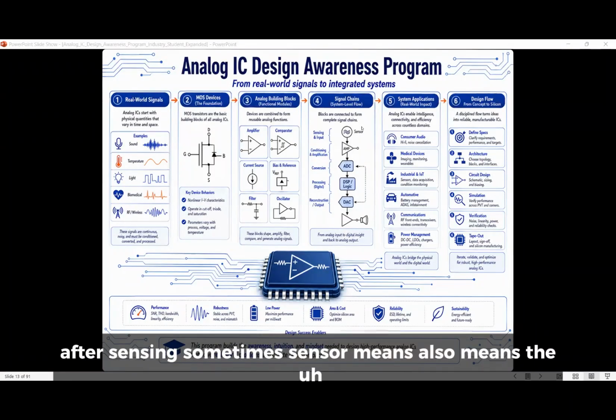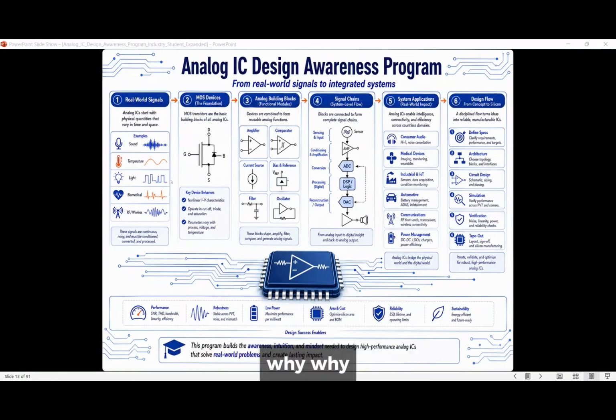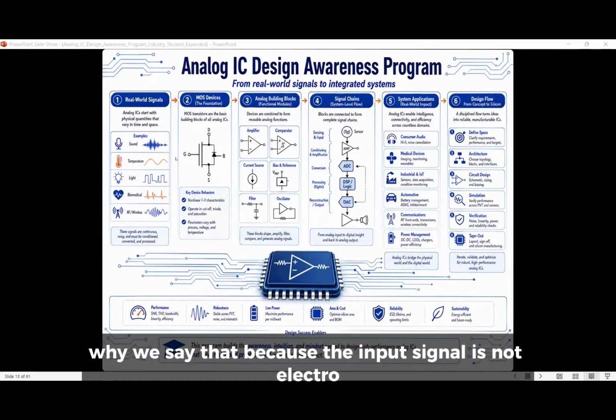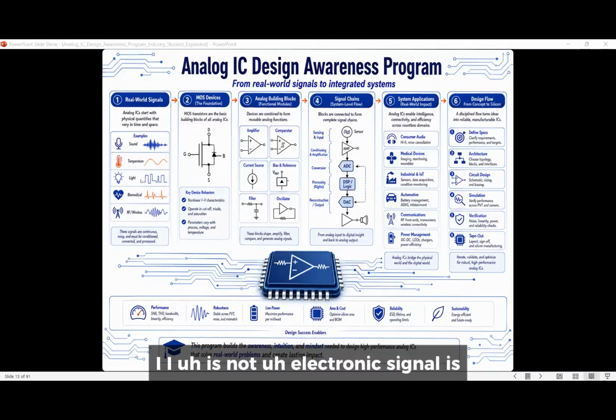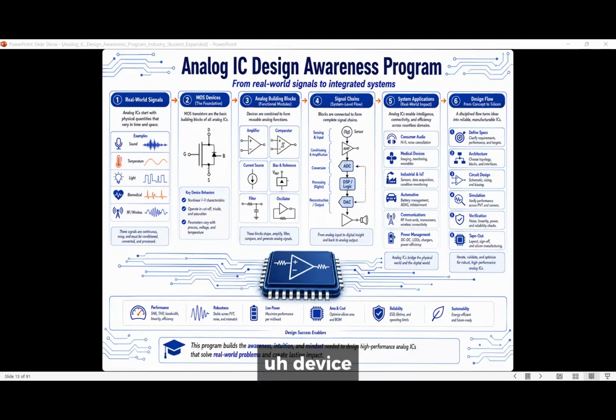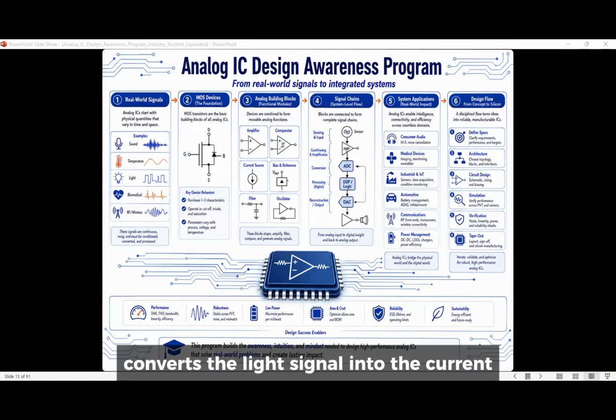After sensing, sometimes the sensor also means a converter circuit. So why do we say that? Because the input signal is not an electronic signal, it is another physical signal. For example, light is not an electronic signal. So the sensor here has to convert the light into an electronic signal that can be processed by the subsequent device. If it is for light, then the sensor converts the light signal into current.